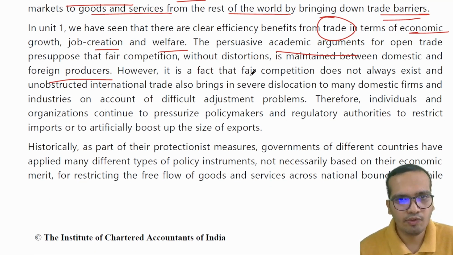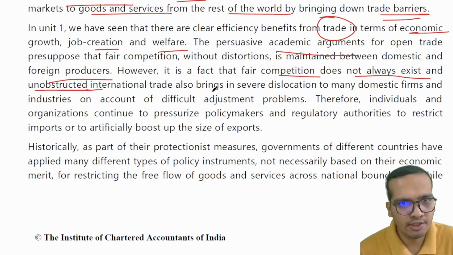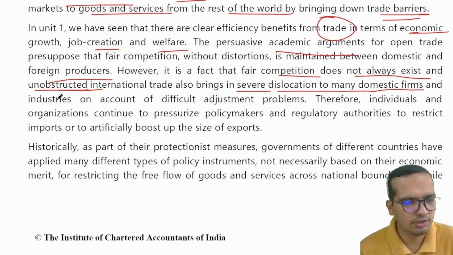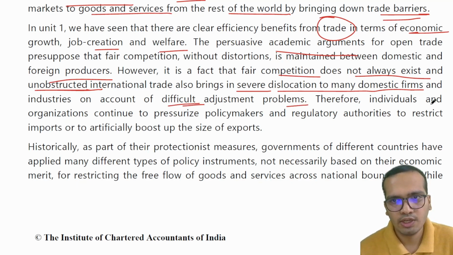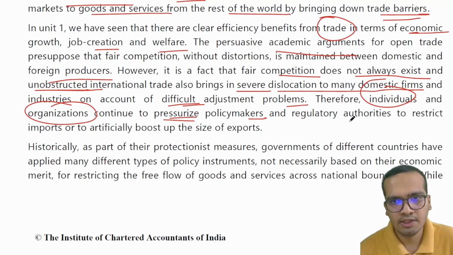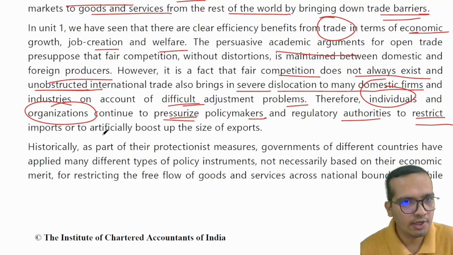However, it is a fact that fair competition does not always exist, and unobstructed international trade also brings in severe dislocation to many domestic firms and industries on account of difficult adjustment problems. Therefore, individuals and organizations continue to pressurize policymakers and regulatory authorities to restrict imports or to artificially boost up the size of the exports.